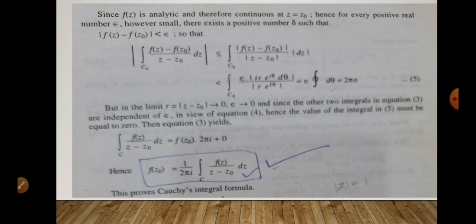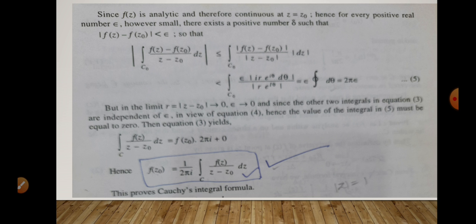So f(z) is analytic and therefore continuous at z equals z0. Hence, for every positive real number epsilon, however small, there exists a positive number delta such that the modulus of f(z) minus f(z0) is less than epsilon.